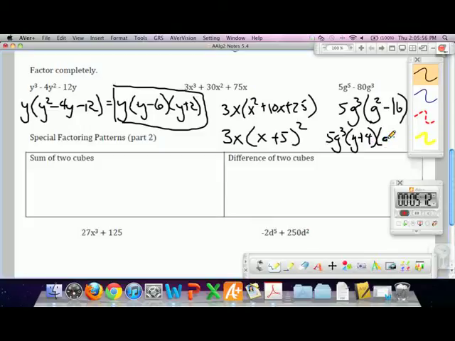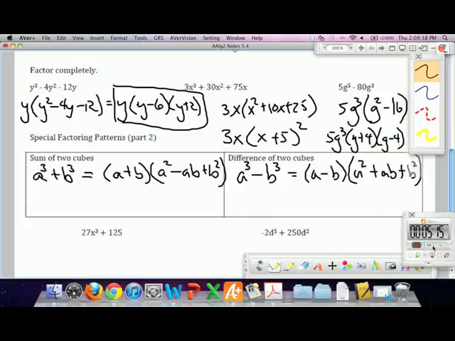How come you don't change the sign? It has to do with showing that you can multiply any two numbers subtracted times this quantity, and when you multiply them out like with a chart, the only thing left over would be a to the third minus b to the third. If you FOIL, you get a to the third plus a squared b plus ab squared.